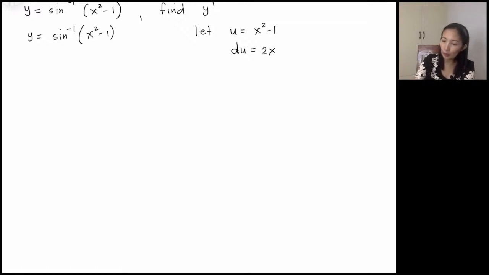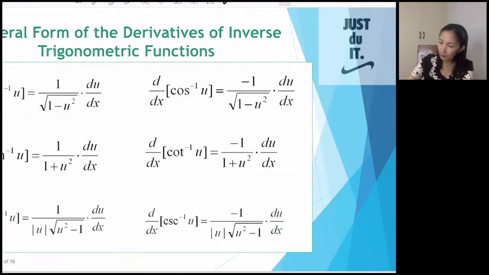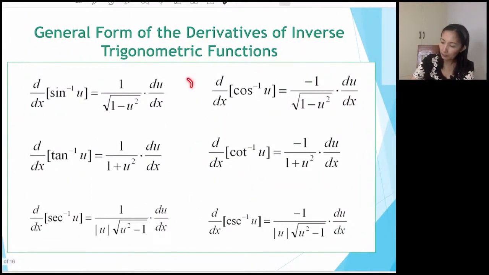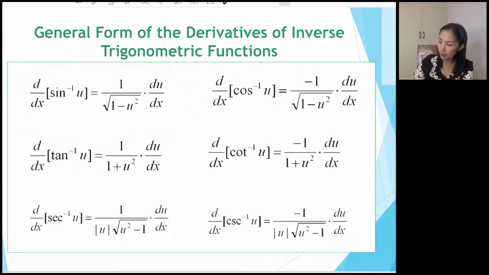So going back to our formula, y prime equals 1 over the square root of 1 minus u squared times du over dx, or times du.